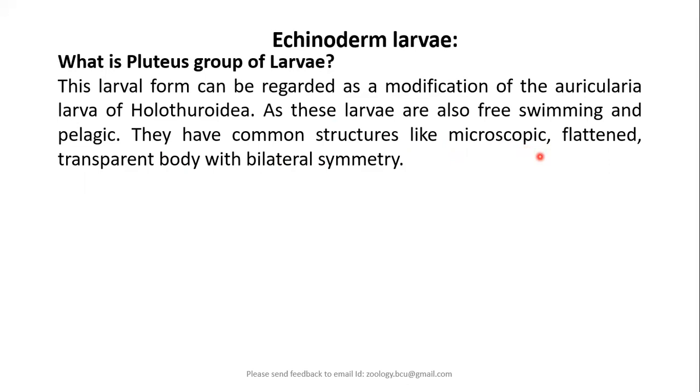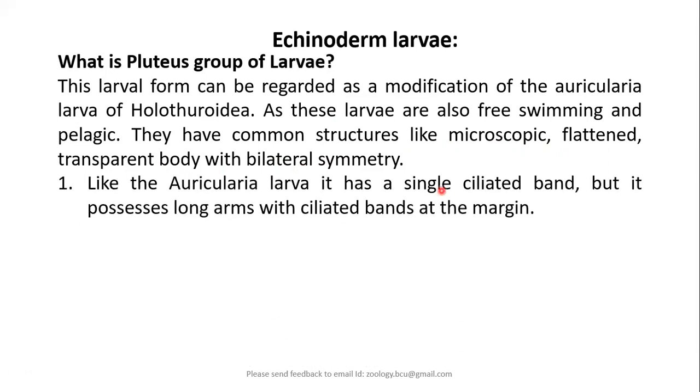That is, they are all microscopic. They have a dorsoventrally flattened body, which is very transparent, and it is bilaterally symmetrical. Like the Auricularia larva, it also has a single ciliated band, but these Pluteus larvae have elongated arms with ciliated bands at the margin.